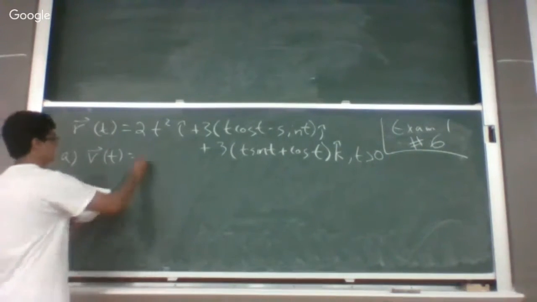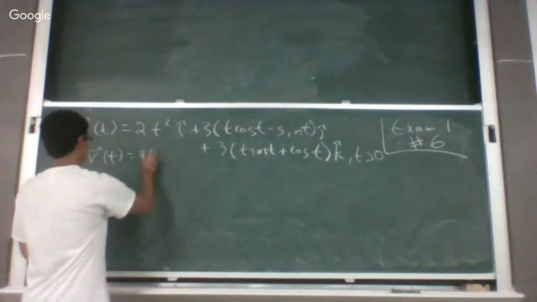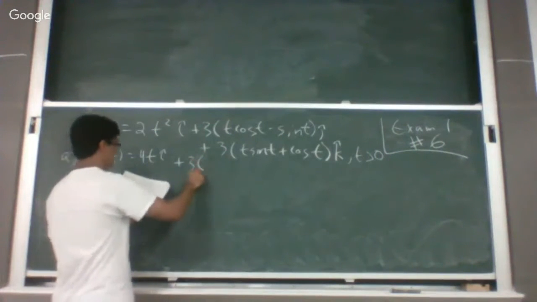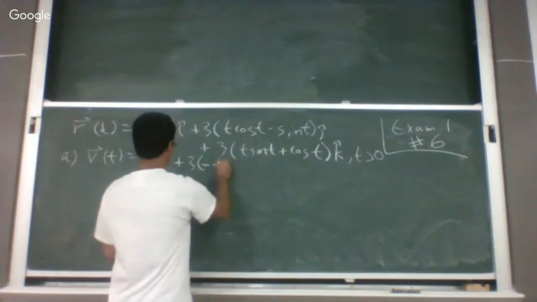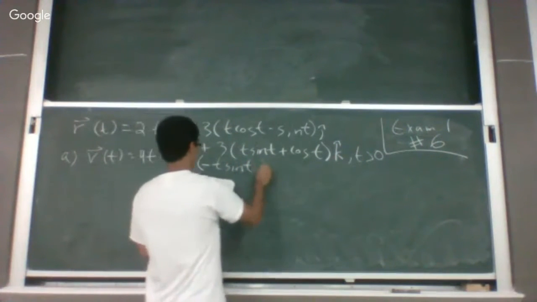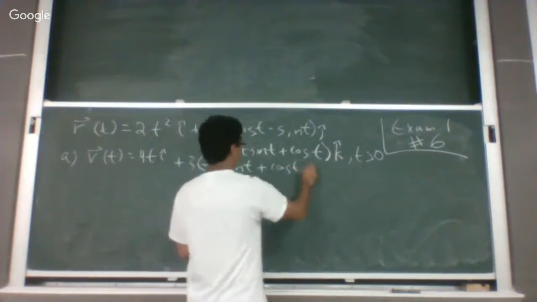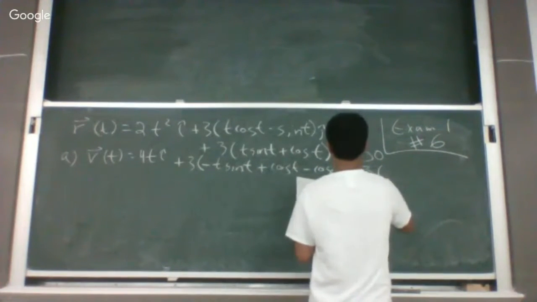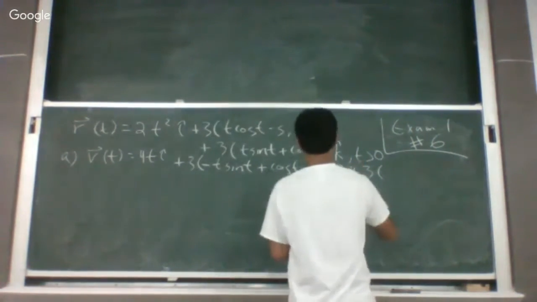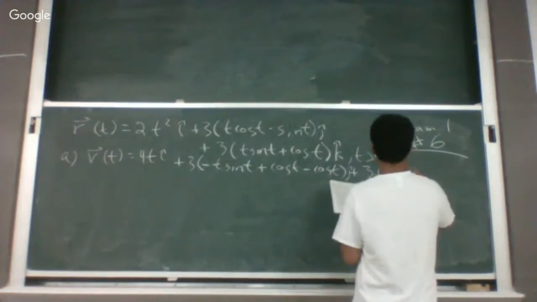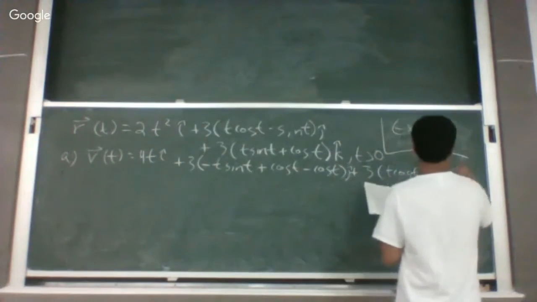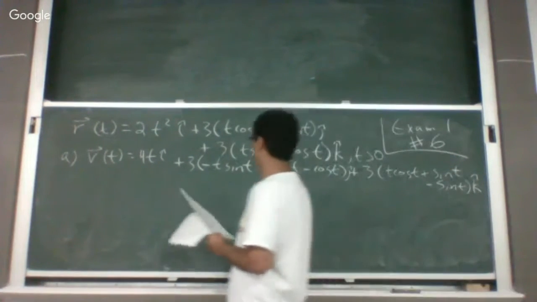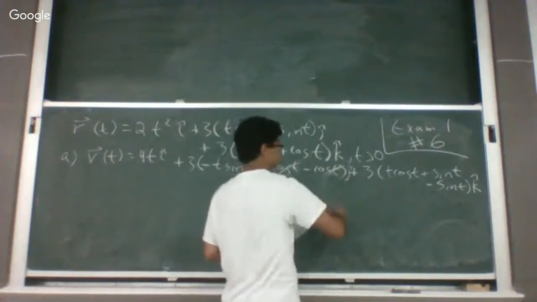So 4t i plus 3 times (negative t sine of t plus cosine of t minus cosine of t) j, plus 3 times (t cosine of t plus sine of t minus sine of t) k. Okay, so those cancel.